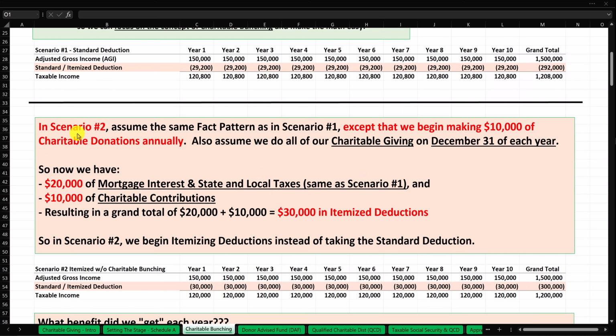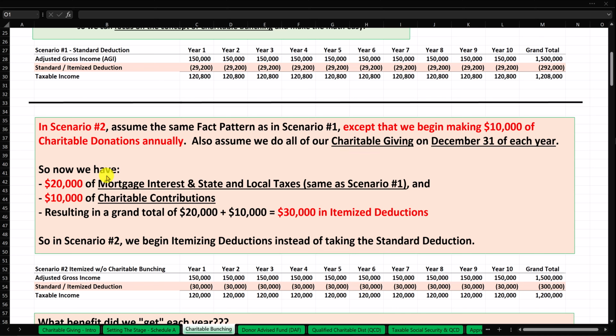Okay, now in scenario number 2, let's assume the same fact pattern as scenario number 1, except that we begin making $10,000 of charitable donations annually. Let's also assume that we do all of our charitable giving on December 31st of each year.